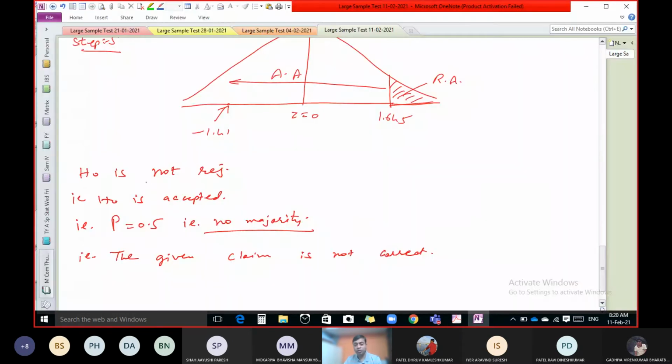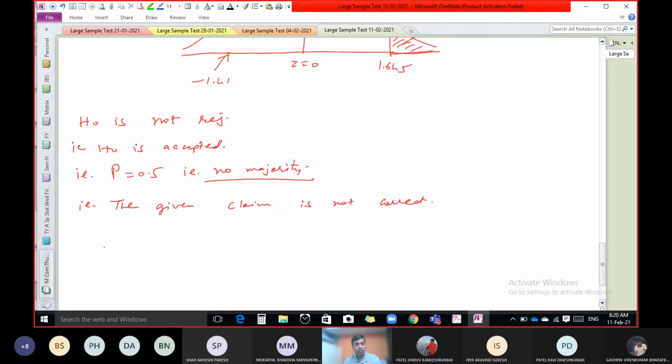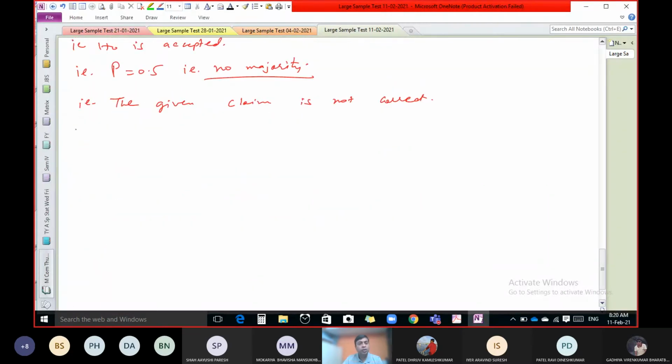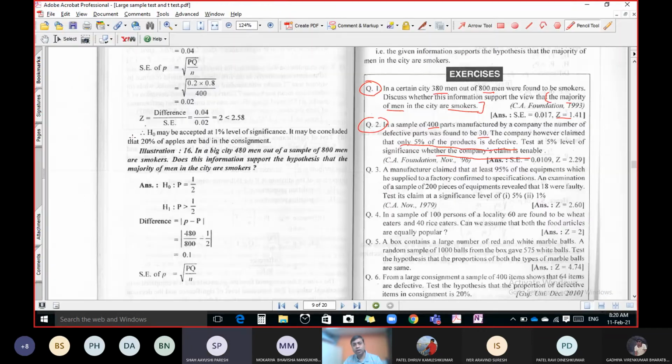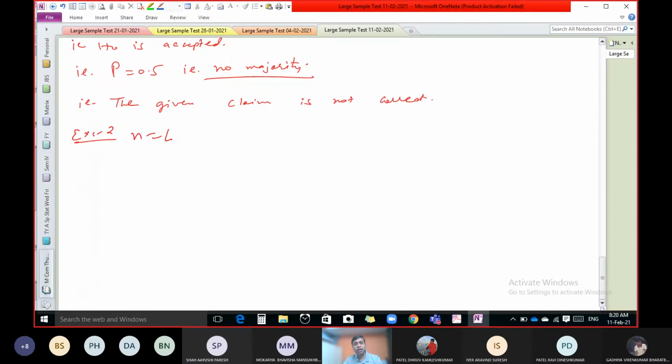So how to do this one? Question number 2. In usual notation, what is this 400? Small n is 400. Small m equal to 30.